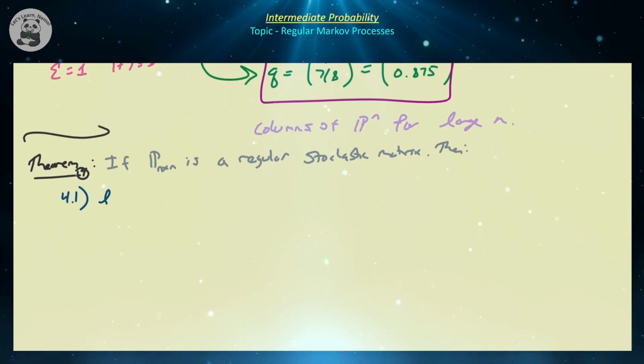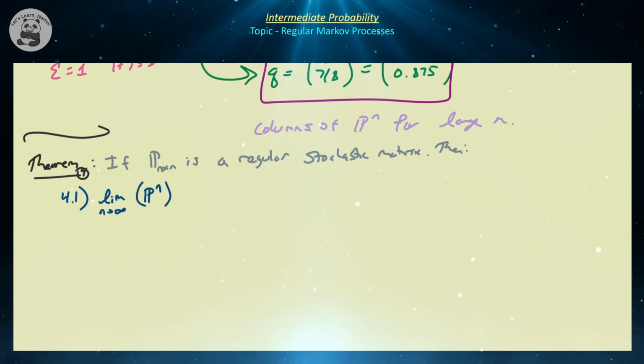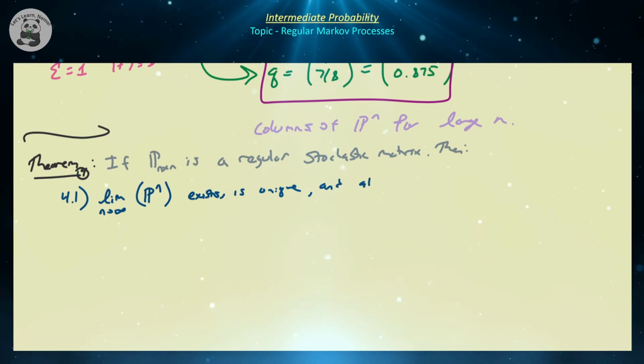If we take the limit as n goes to infinity and exponentiate our stochastic matrix, this matrix exists, it's also unique, and it is also stochastic. So the limit as n goes to infinity of P^n exists, is unique, and is also stochastic.